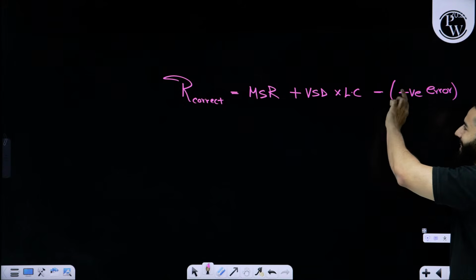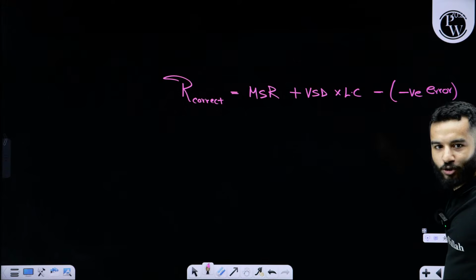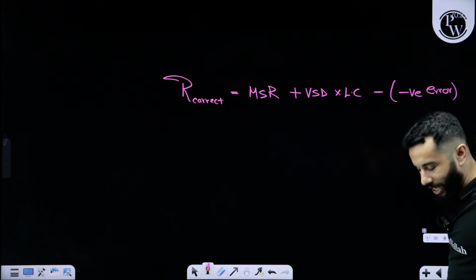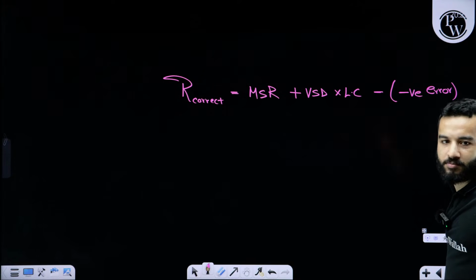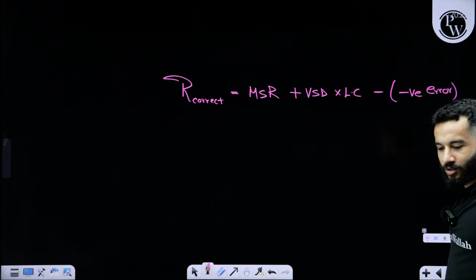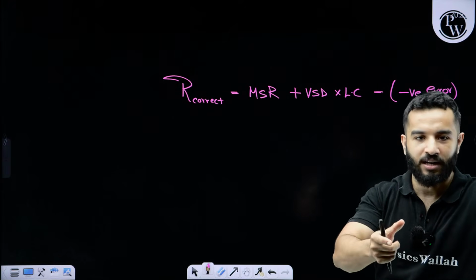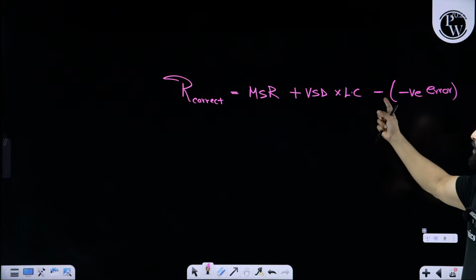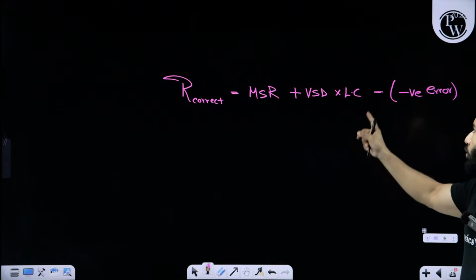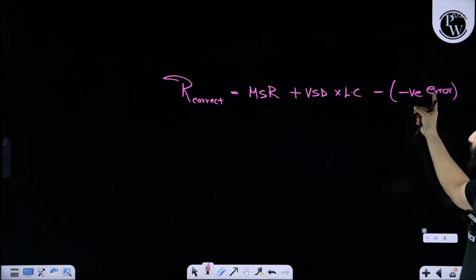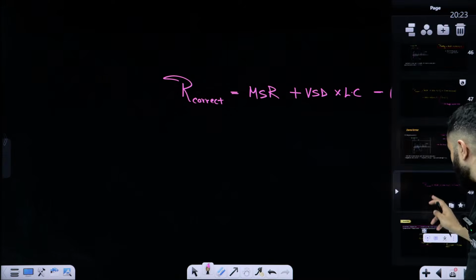So it will automatically adjust. Let's suppose your actual weight is 70 kilogram and a particular machine is saying 68. So you know you need to add in order to adjust it. Clear? That's what we are trying to do, but because we don't want to get confused, we say two things: we always subtract the error, and we write down the error with its sign. Clear? Now let's look at one example.